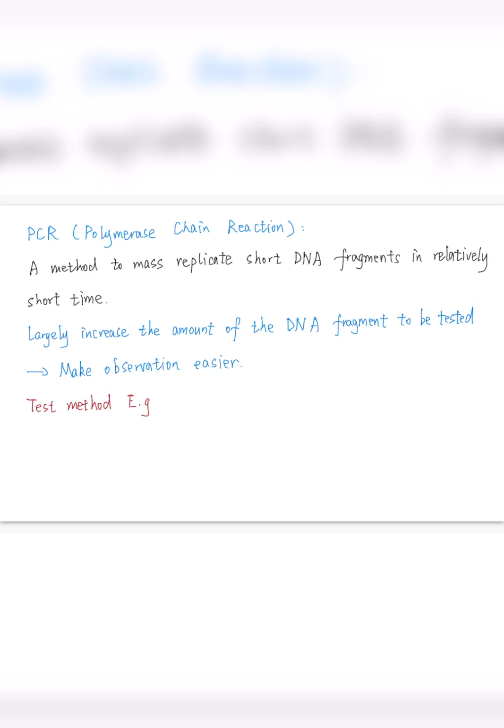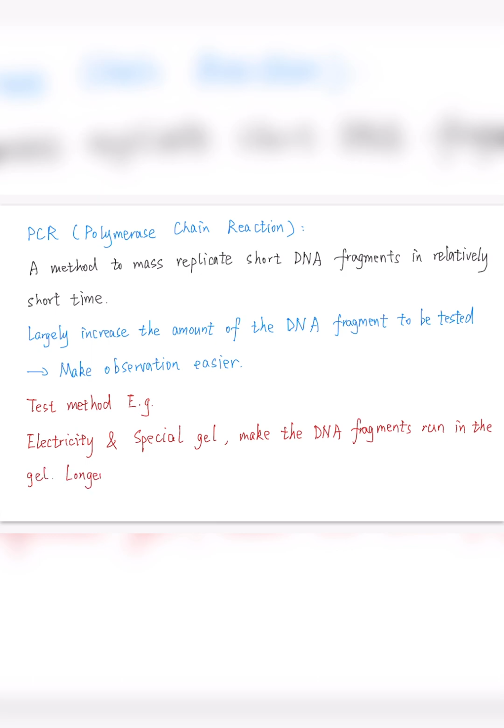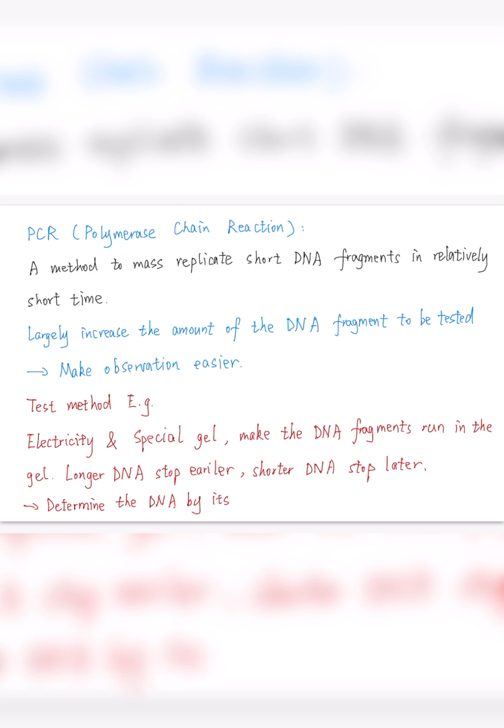For example, one commonly used testing method of the DNA fragments is to use electricity and a special gel, which can make the DNA fragments run in the gel, and the longer DNA will stop earlier, and the shorter DNA will stop later, and therefore we can determine whether the right DNA fragment has been incorporated by its characteristic length.